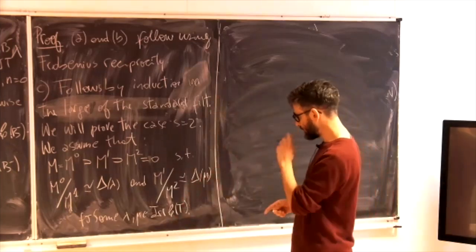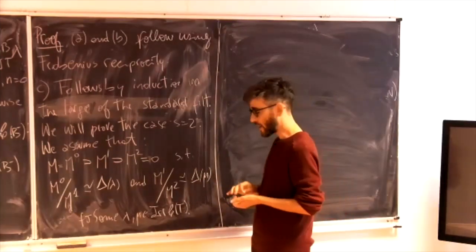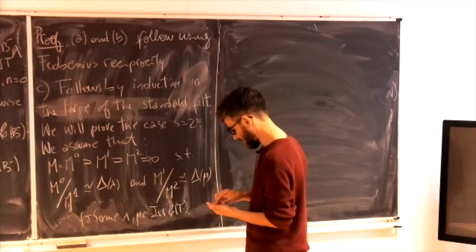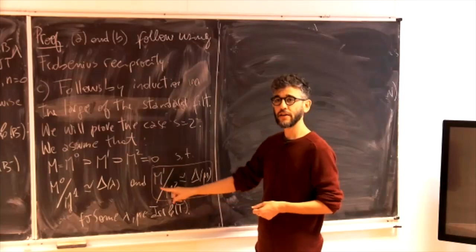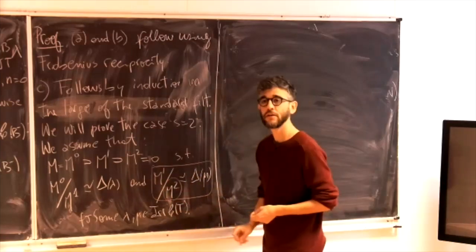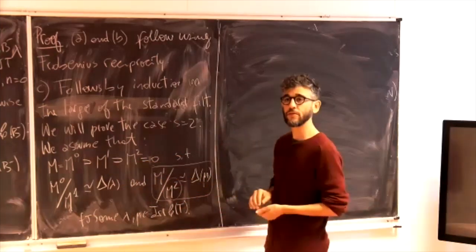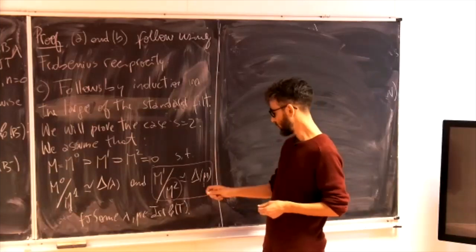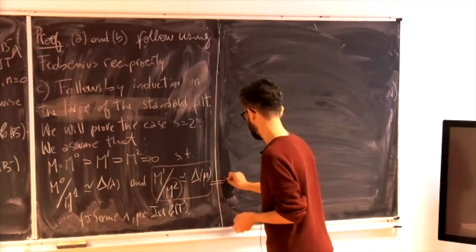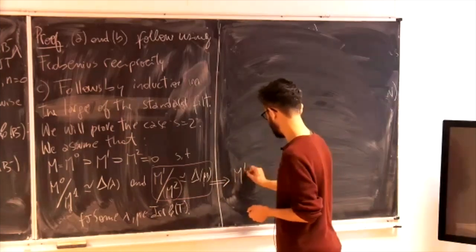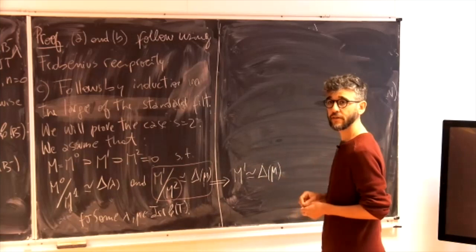So we will note something now. In this case, as we are assuming this, and M2 is 0, this means that M1, this submodule, has to be isomorphic to the standard module of mu. So then M1 is isomorphic to delta mu, the standard module of mu.